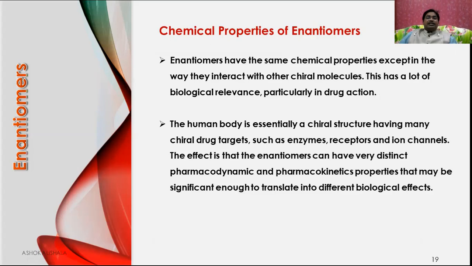The human body is essentially a chiral structure having many chiral drug targets, such as enzymes, receptors, and ion channels. The effect is that the enantiomers can have very distinct pharmacodynamic and pharmacokinetic properties that may be significant enough to translate into different biological effects.